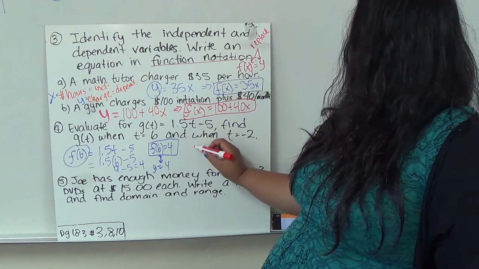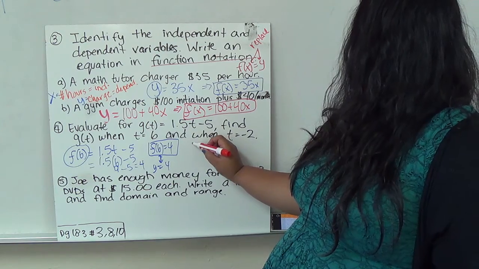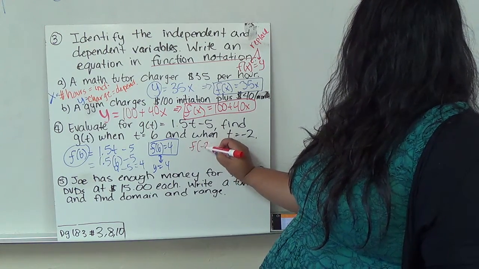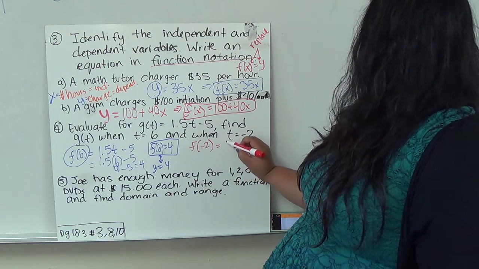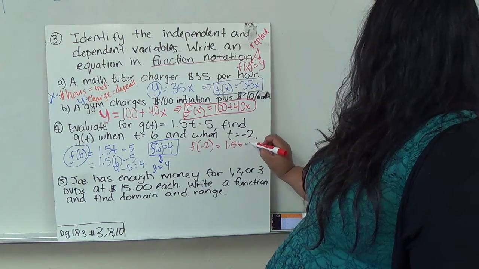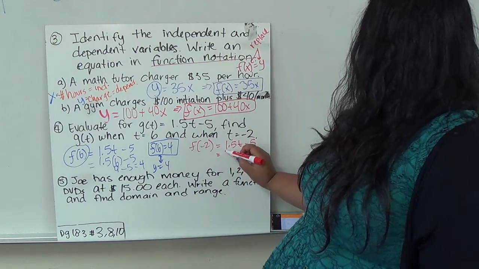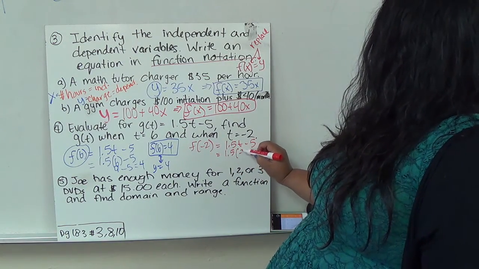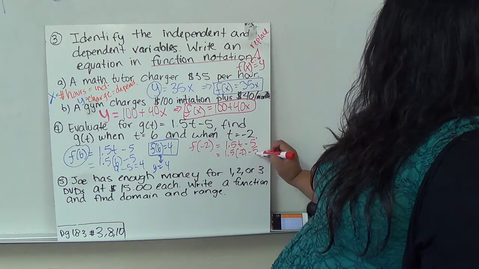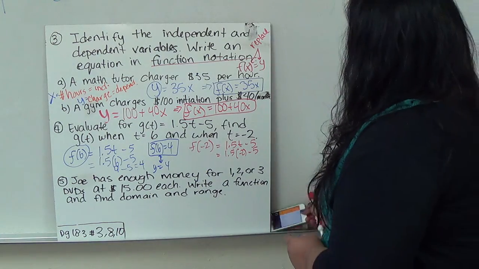But it's also telling me to find t when it equals -2. Okay, so I do f of -2 equals 1.5t minus 5. In this case, it's 1.5 times -2 minus 5.